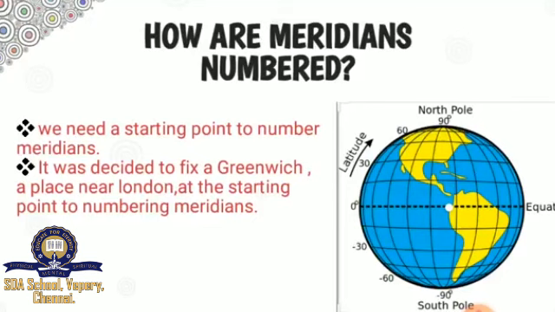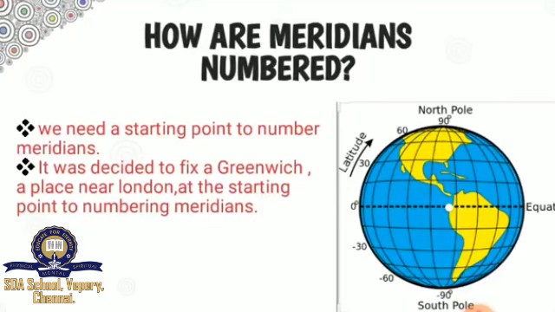What is the prime meridian? Prime meridian means, in a geographic coordinate system, the line at which the longitude is defined to be 0. The longitude will be defined as 0 degree.